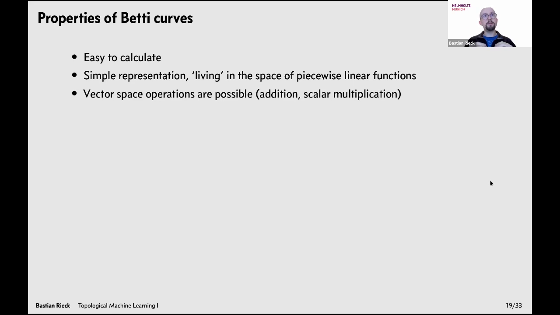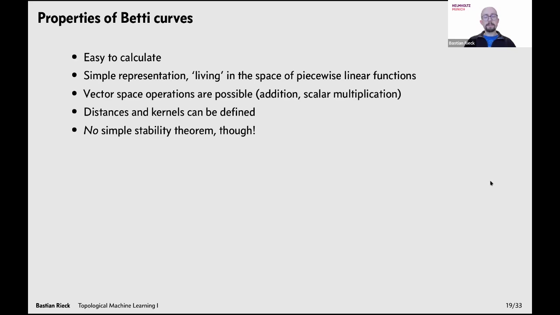So it gives you a way to operate with your representations. Moreover, you can also define distances and kernels. For instance, you can do a nice distance based on the area under the curve and so on. The downside is, of course, that there is no simple stability theorem.